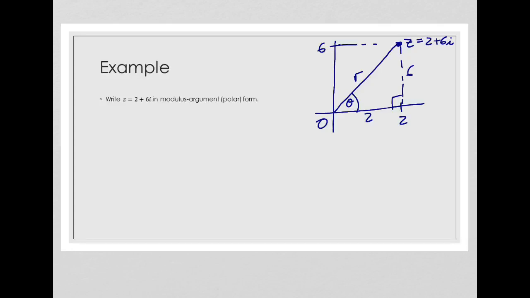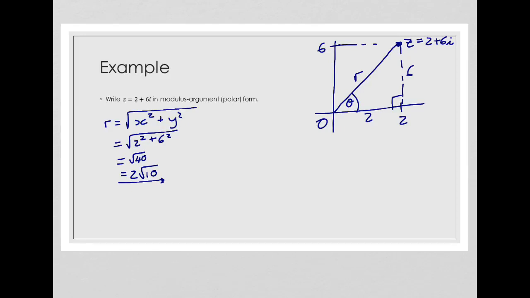So what do we need to write it in the modulus argument form? We need to find theta and r. So r is simple. r is the square root of x squared plus y squared, which in this case is equal to 2 squared plus 6 squared, which simplifies to the square root of 40, and that will be 2 square root 10. So that is the value of r. Now we need to find theta.